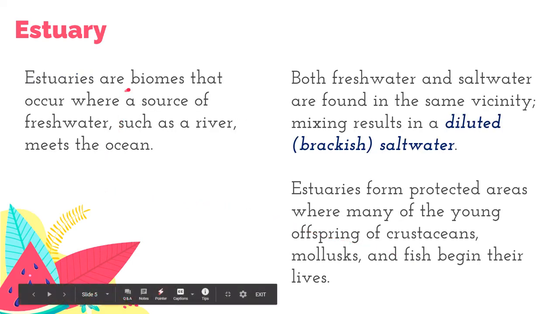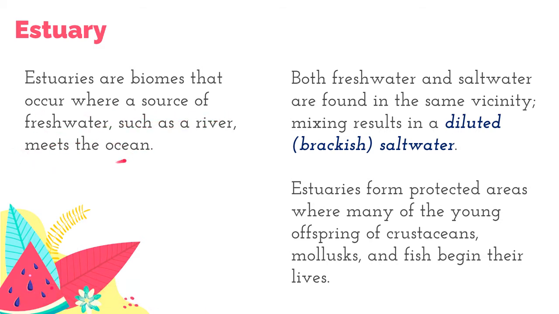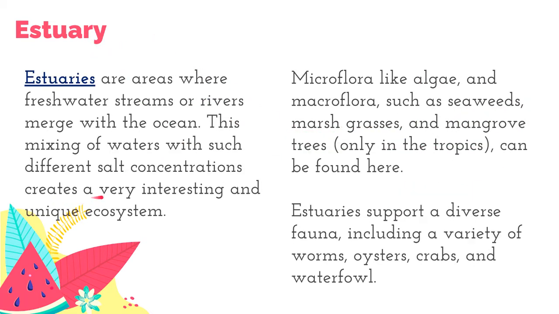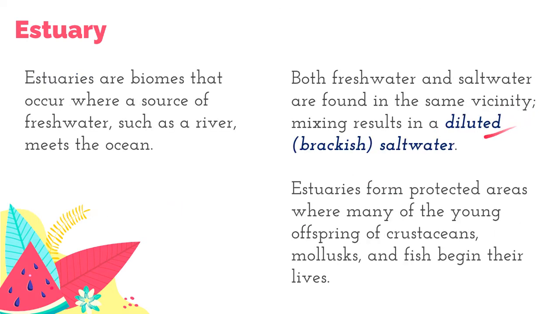These are considered biomes that occur where a source of fresh water, such as rivers and streams, meets the ocean. So both fresh and salt water are found in the estuary, and this creates what we said a while ago, a very unique ecosystem. The mixing of fresh and salt water results in brackish, diluted salt water.